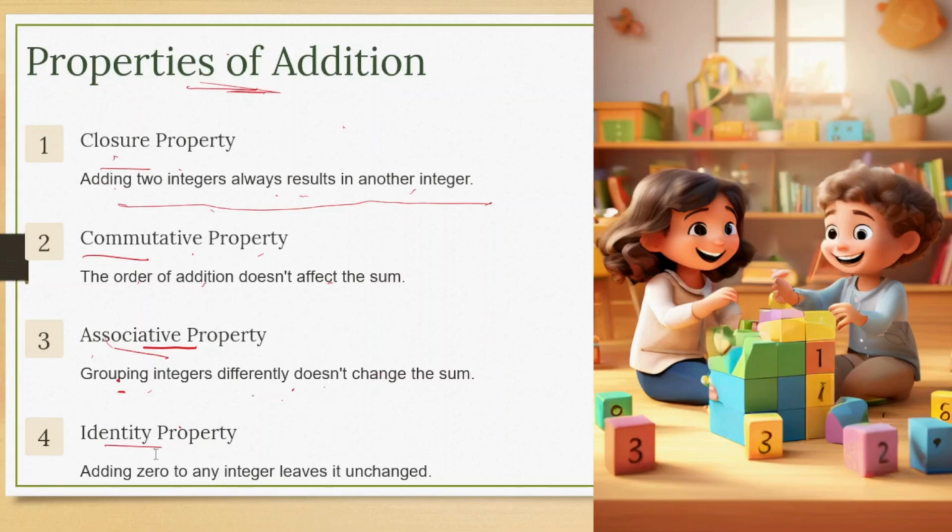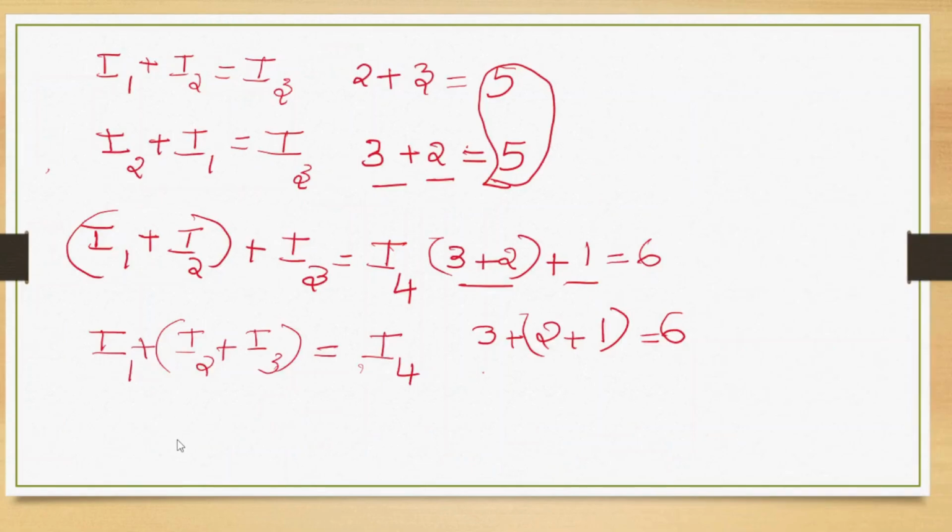Okay. Then comes the identity property. Adding 0 to any integer, that is the additive identity. Adding 0 to any integer leaves it unchanged. For example, if we add I1 to 0, what is the result?